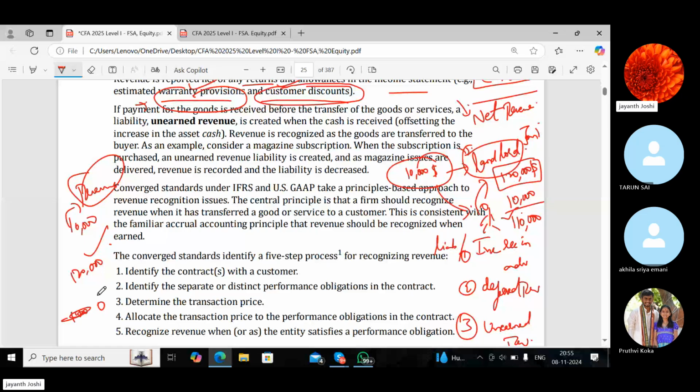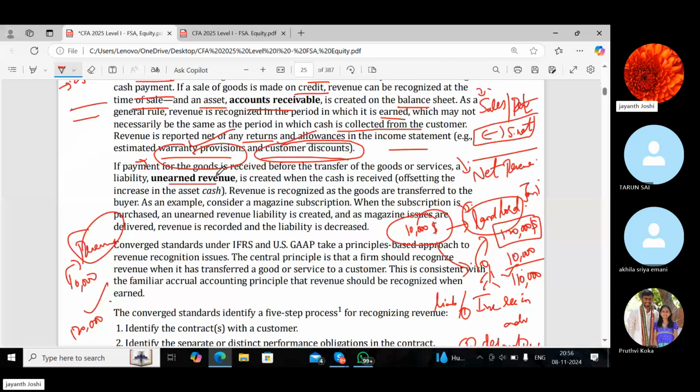So if payment for goods is received before the transfer of goods or services, it creates a liability, unearned revenue. If you get payment for goods which you are supposed to sell to the customer, or advance payments, that creates an obligation from the seller side. If you are supposed to provide a service to a client or customer, then the advance payment you get is unearned revenue.